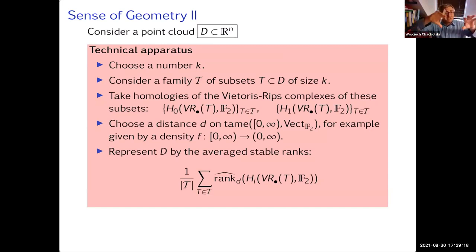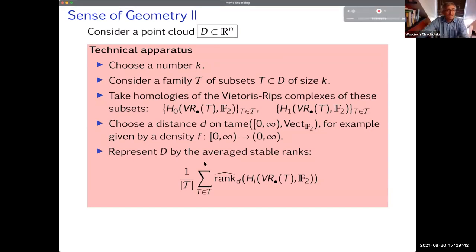Maybe this collection of all these 10-point subsets will tell us quite a bit about the original space. Maybe we don't need to know all the distances. If you encode a space of maybe 1,000 points by its subsets of 10 points, you recover quite a lot of information. And then you take this average. That's the technical apparatus.